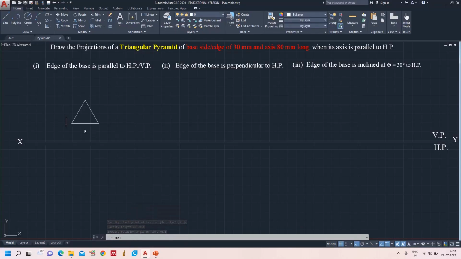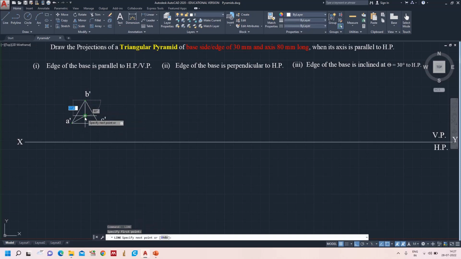Here I am taking it as A dash, B dash and then C dash. Okay, now the base is ready. Now we have to connect the triangular faces towards the center because it's a pyramid, not a prism. Yes, now we need to connect all the faces towards this one.